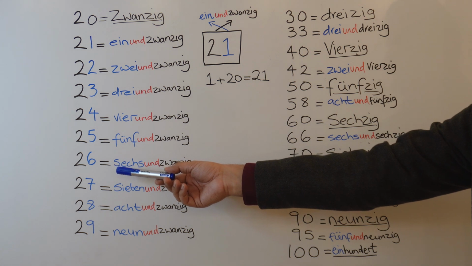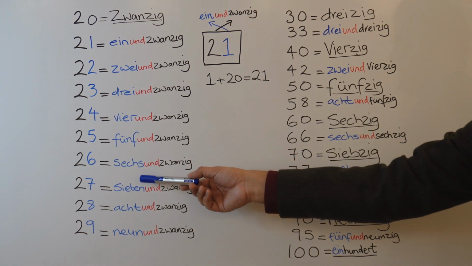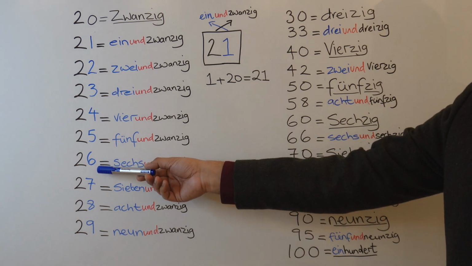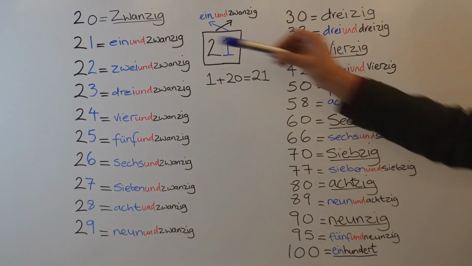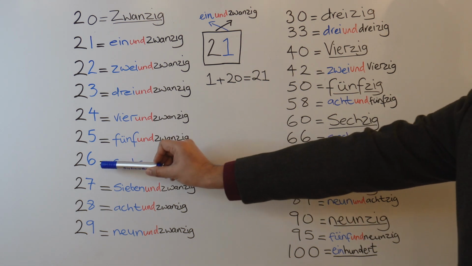The next one, 26, 6 and 20, 26. So you see, always you pronounce the second number, that is the 6 in this case, first, and then the rest.